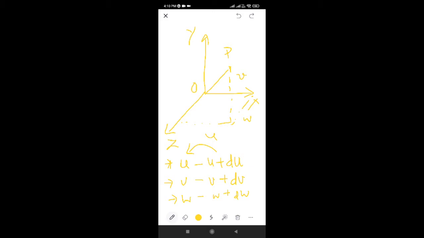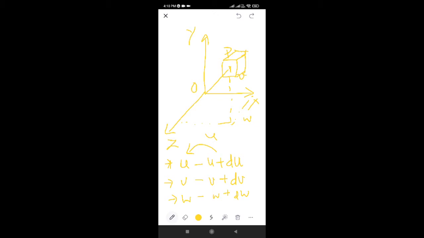So now we are taking a small cube enclosing this point P, whose dimensions are du, dv, dw. Now what is du?